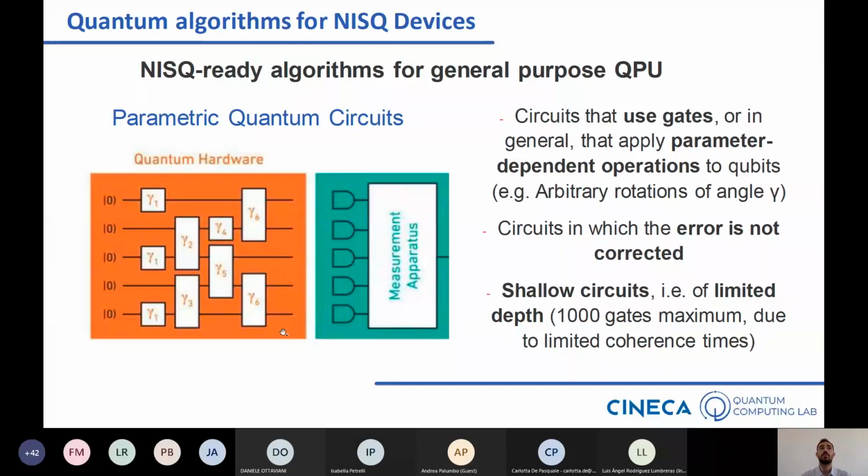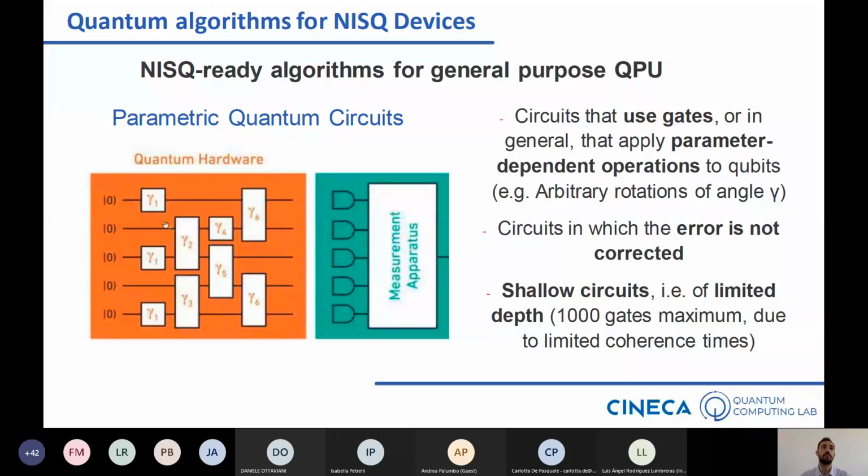Briefly, they are circuits that use gates or operations in general, which depend on some parameters. So, for example, here we have gamma 1 up to gamma 6, okay?